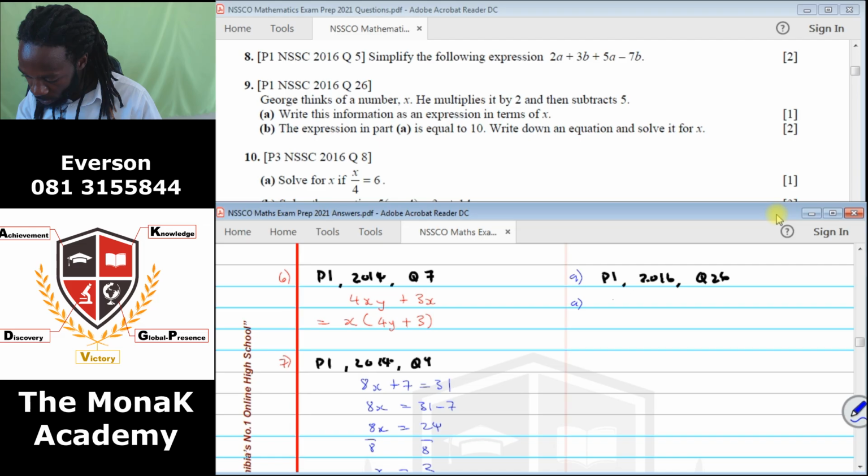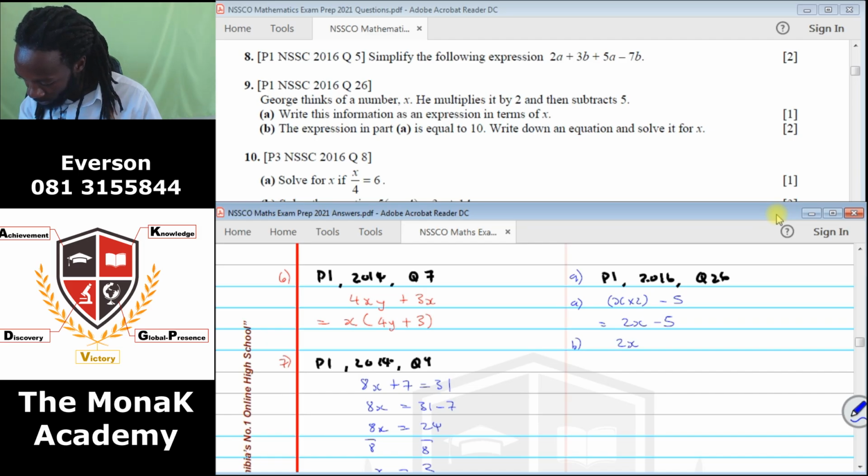So x multiplied by 2, then subtract 5, which means 2x minus 5. Very simple. Then B says the expression in part A is equal to 10. Write down an equation and solve it.